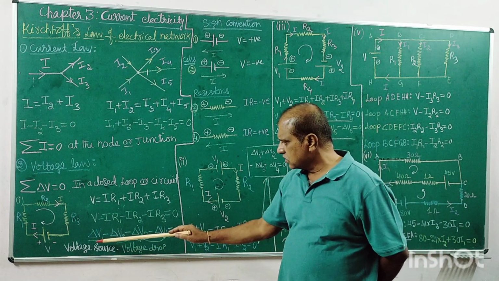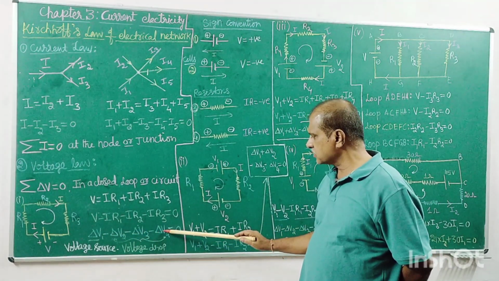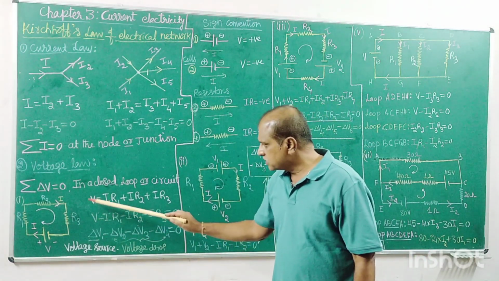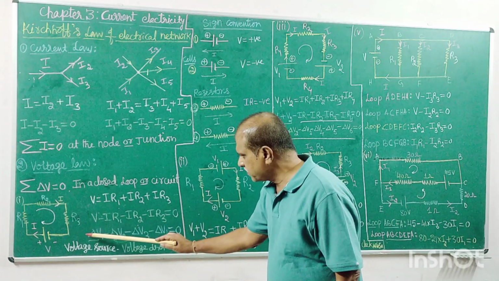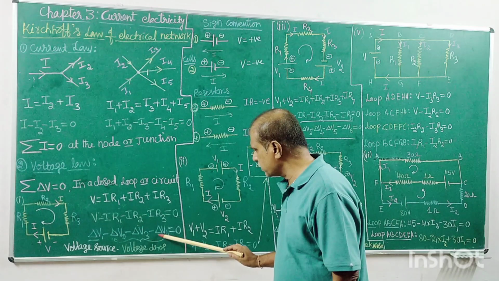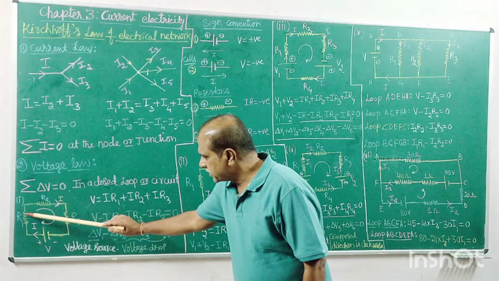In the summation of voltage differences, the sign convention is very important. This will take positive, the same as this. So this takes positive, this will take negative, this negative, this negative, in accordance with the direction of the current.